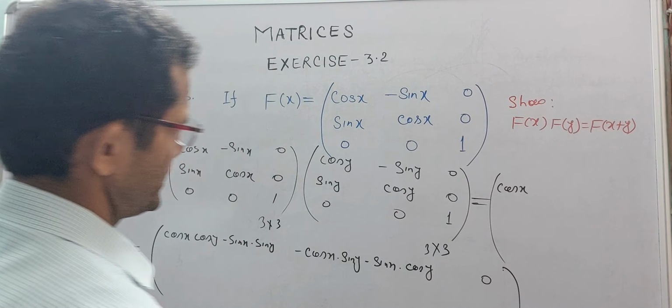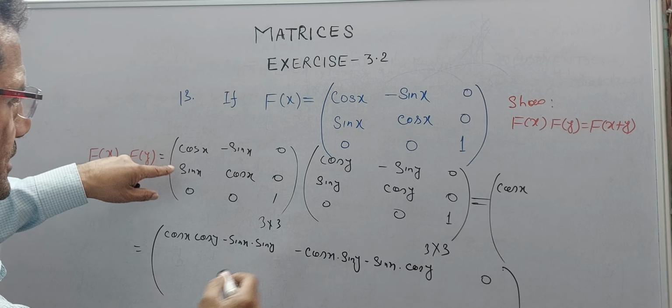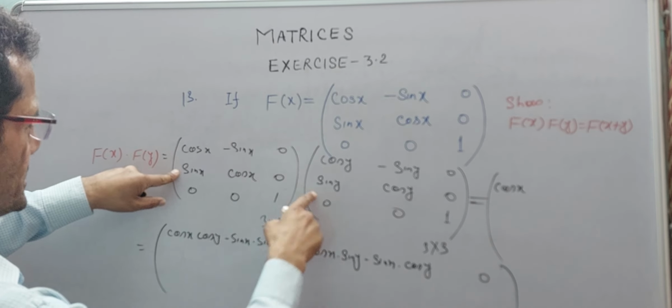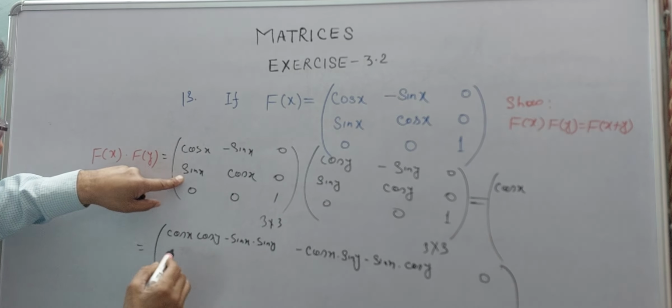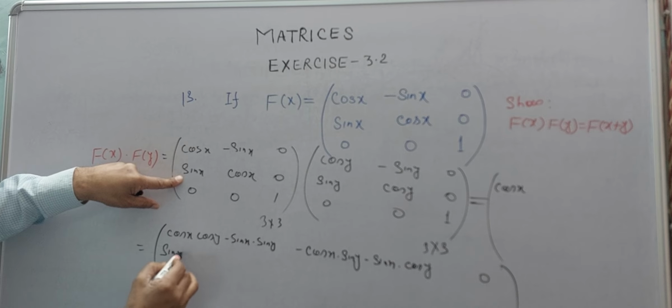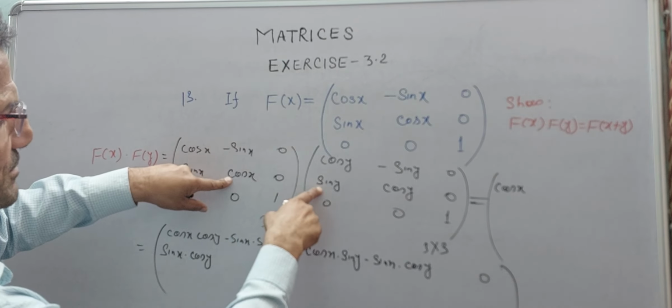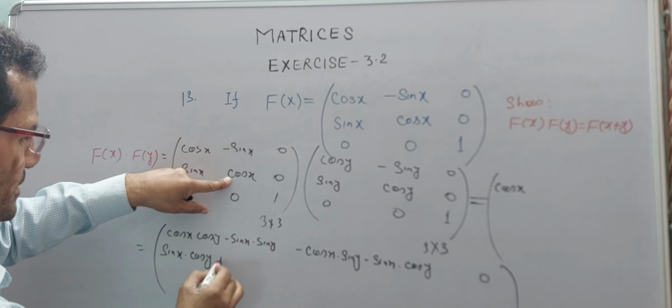And now for the second row, we need this entry. For this entry, second row first column: sin x into cos y here, sin x cos y, and cos x times this, cos x plus sin y.